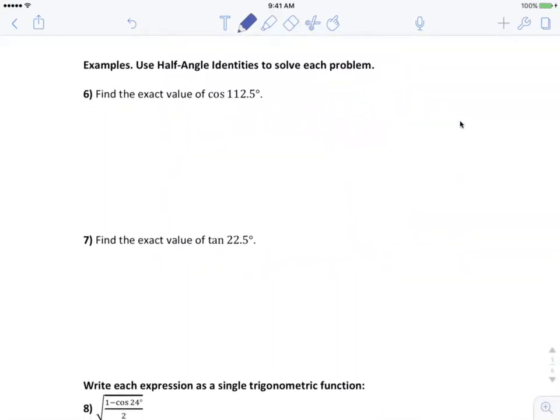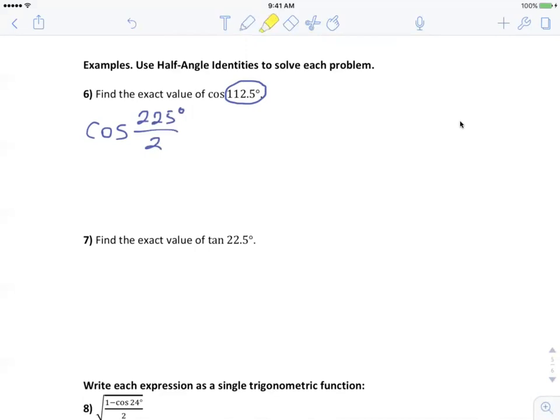The first type are finding some exact values. So let's find the exact value of cosine 112.5. What you want to first do is try to write 112.5 as something divided by 2, or in other words, double that angle. So this is the same as the cosine of, if I times that by 2, it's 225 degrees divided by 2, that's equal to 112.5, okay?